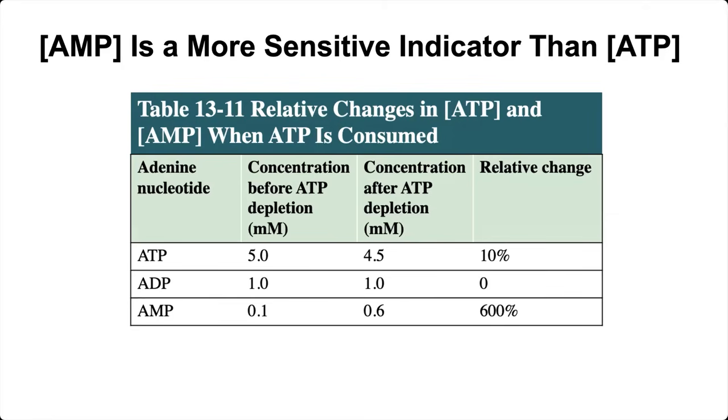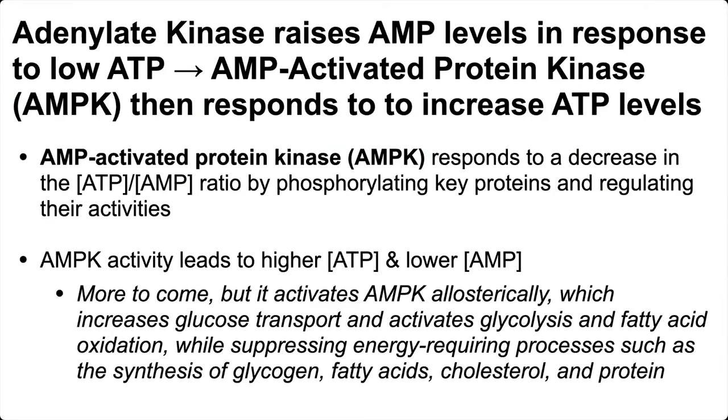But if we then ended up going from 0.1 millimolar to 0.6 millimolar of AMP, well, that was a 600% increase in the AMP. So our AMP is going to be a more sensitive indicator than ATP when it comes to regulating things.